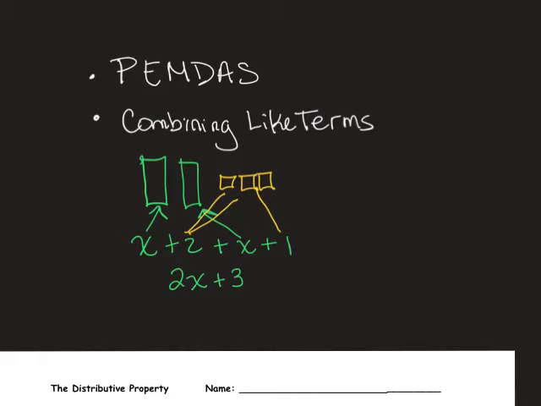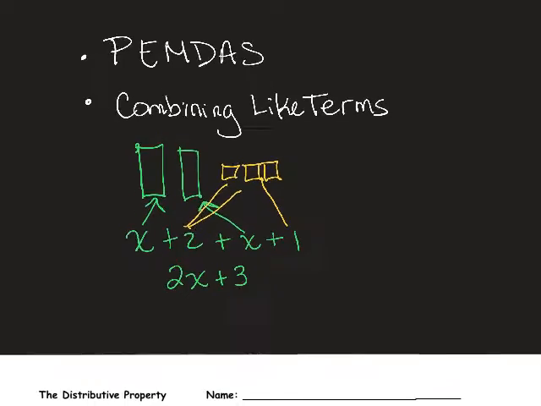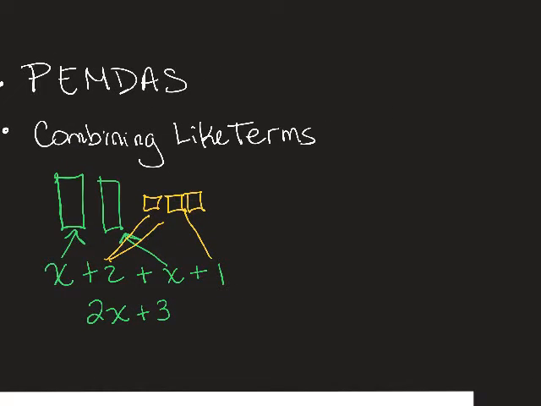But the idea with combining like terms is that you can combine x terms with other x terms and single numbers with other single numbers, but you can't combine x terms with single numbers. So one more example, if I had 3x minus 2 minus 4x plus 1, you could combine your x terms, and just keep in mind that the operation stays with the term itself.